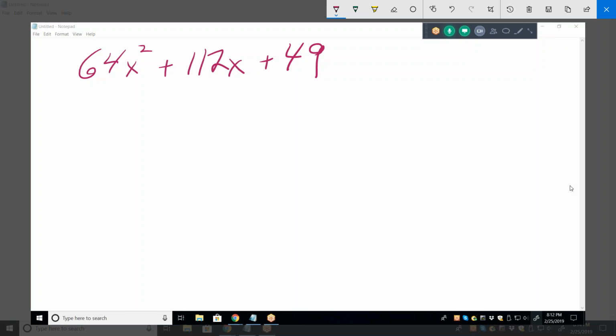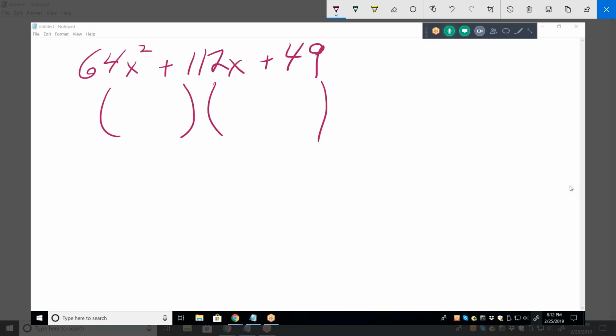Oh, only 7 divides into 49. 7 doesn't divide into 112. And 7 doesn't divide into 64. So there's no greatest common factor. So you have to factor it. Now, this is kind of a ridiculous factoring problem.